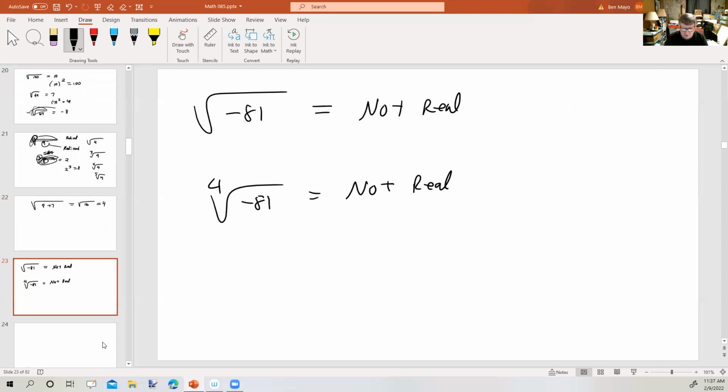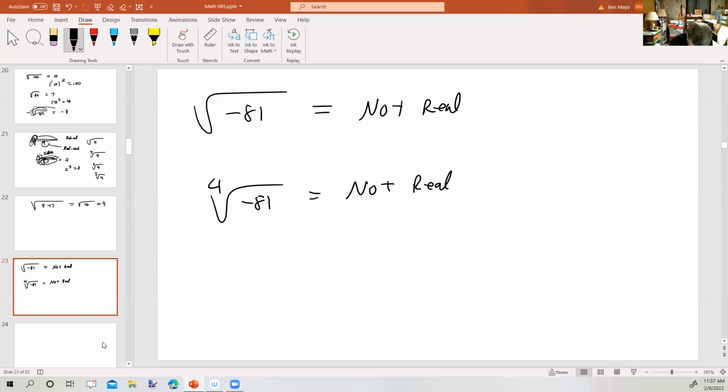So if the radicand, the number inside, is negative, and the index is 2, 4, 6, 8, 10, some even positive number, you can't get a real answer. So remember that you can't take an even root of a negative number and get a real answer.